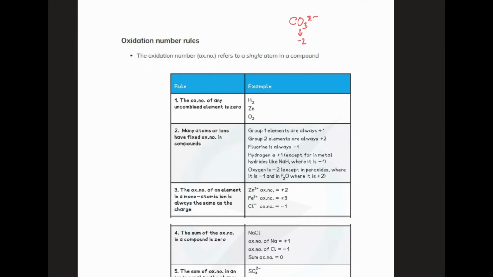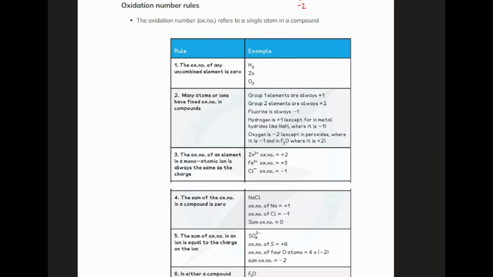Next, number 2, many atoms or ions have fixed oxidation numbers in compounds. For example, group 1, positive 1, group 2, positive 2, fluorine, negative 1. Hydrogen is normally positive 1, except in metal hydrides, like sodium hydride, where it is negative 1.